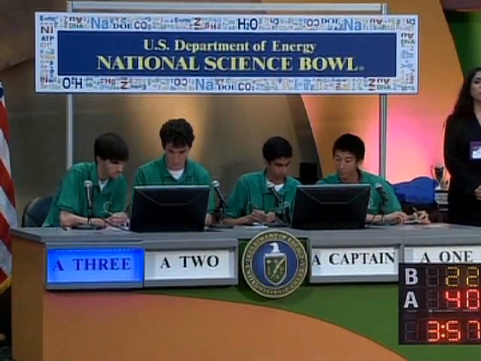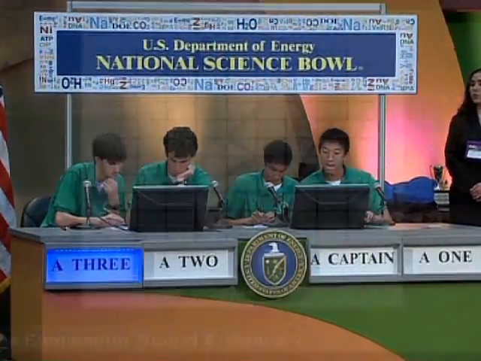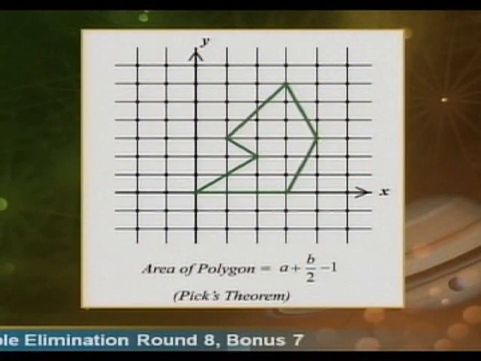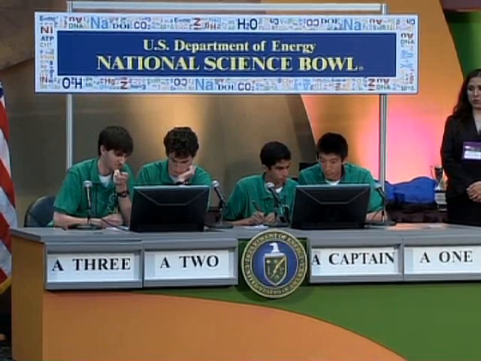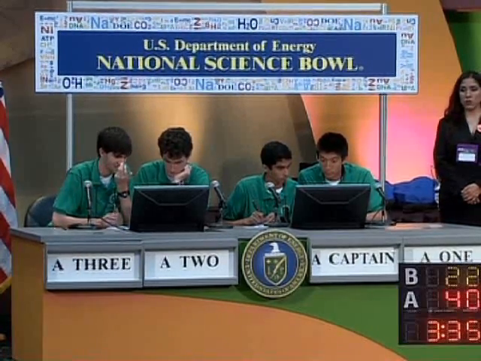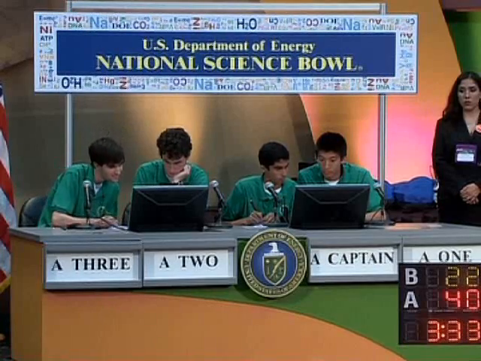Your bonus question in math is visual, short answer. Pick's theorem is used to calculate the area of polygons where each vertex is on a grid of equally spaced points. A polygon is pictured in the standard coordinate plane. What are the 2 missing values, A and B respectively, from Pick's theorem for this polygon? If the coordinates are something, it's from the area, just to find the area.